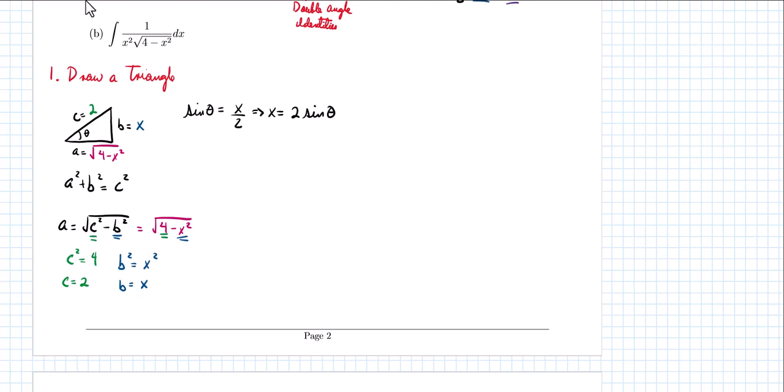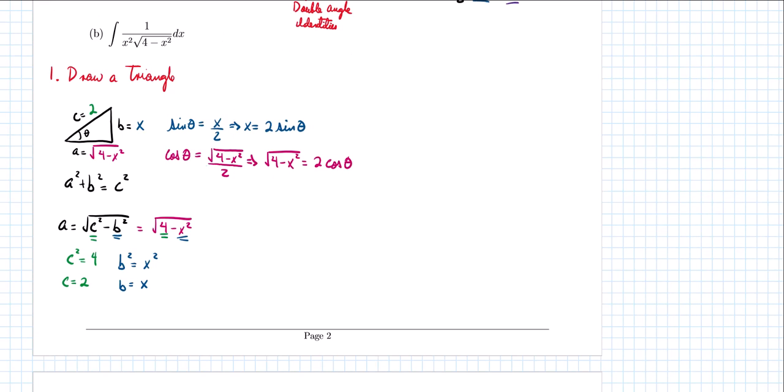I'm going to put this in blue. And we also have cosine of theta is equal to the square root of 4 minus x squared over 2, which tells us that the square root of 4 minus x squared is equal to 2 cosine theta.